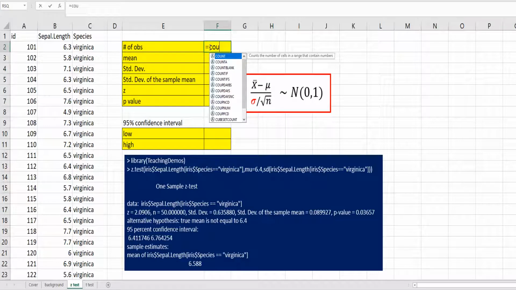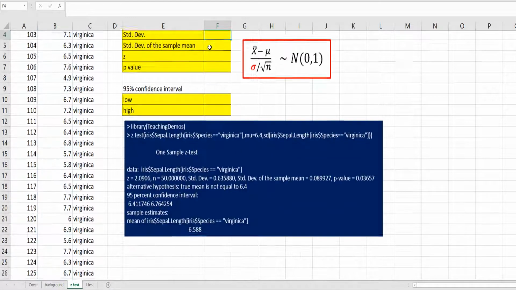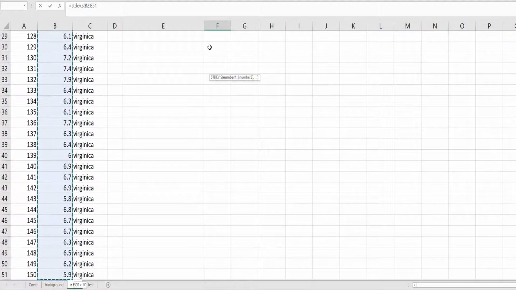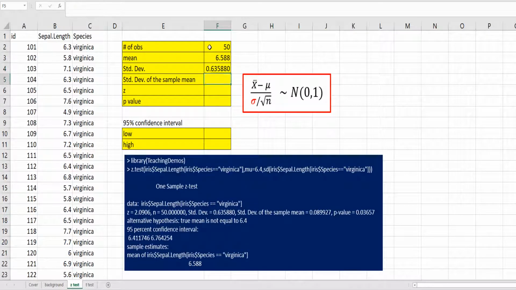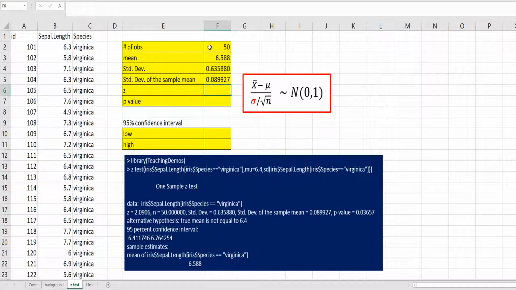So there are 50 samples and the sample mean is, okay, and standard deviation, okay, and the standard deviation of the sample mean is standard deviation over square root of the number of observations. Right, this is the same as this one.